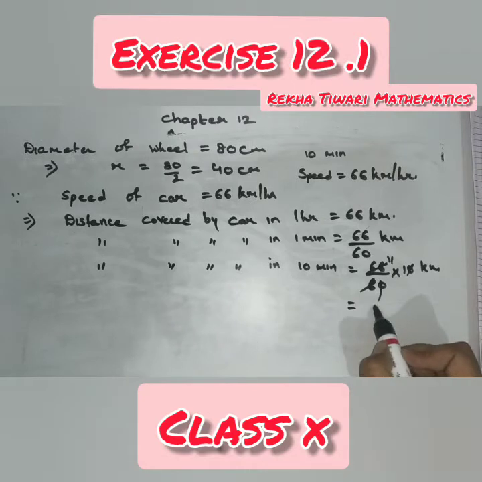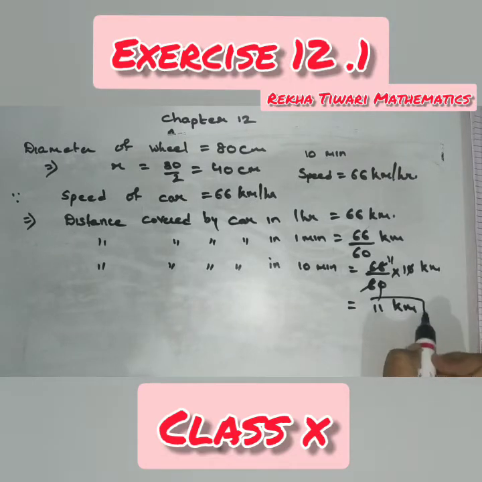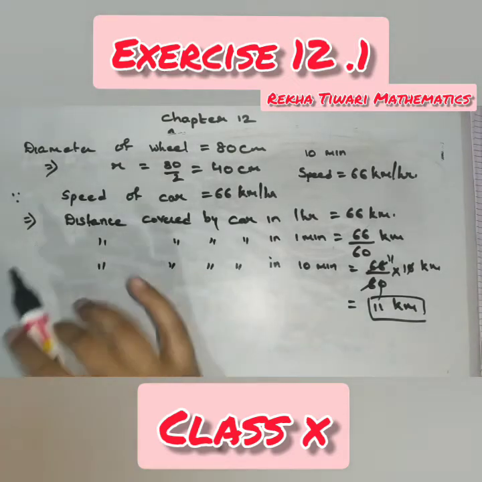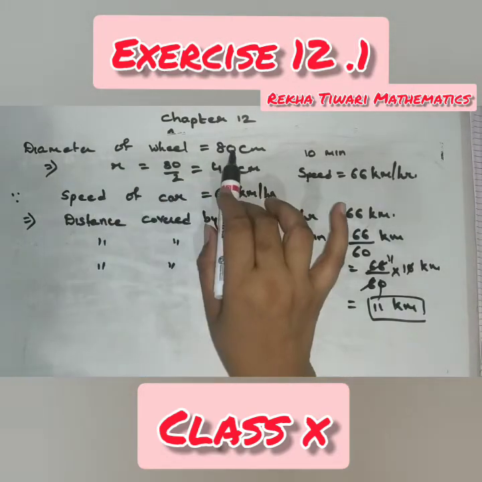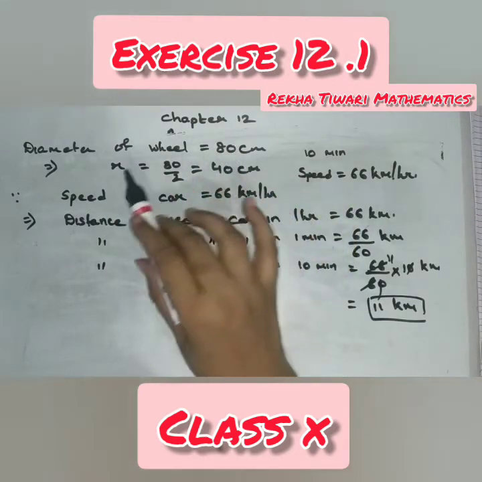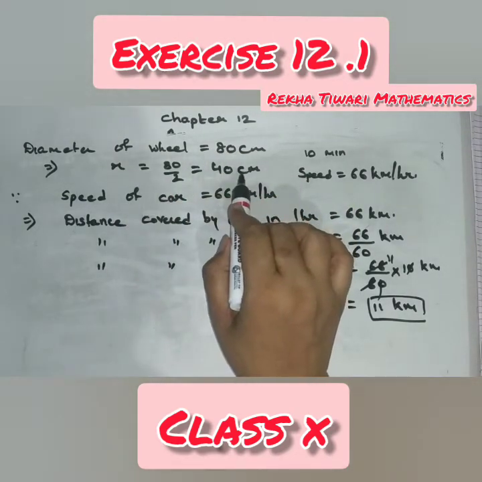Cancel this. This comes out to be 11 km. This is the distance covered by car in 10 minutes if the speed of the car is 66 km per hour. Now what is the diameter of the wheel given to you? 80 centimeter. With this we have calculated the radius, which comes out to be 40.